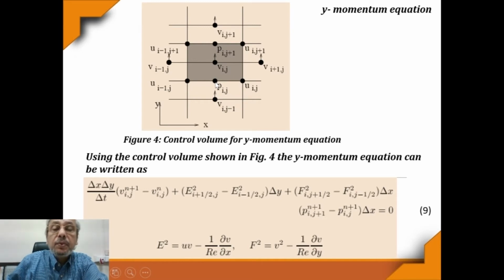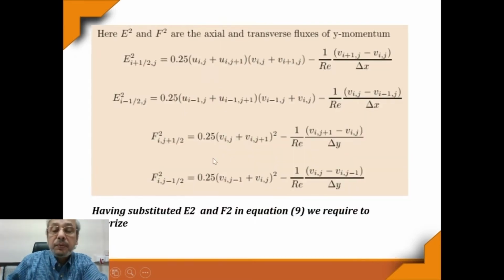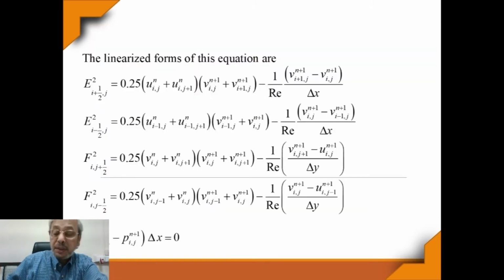That means F2 at ij minus half we have found out. So all these quantities we find out the way we did for x momentum equation.